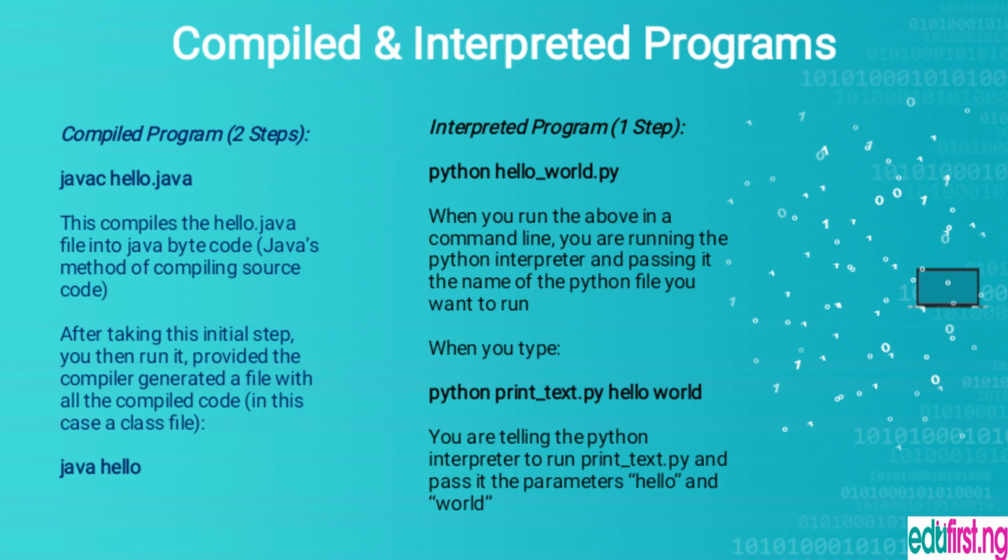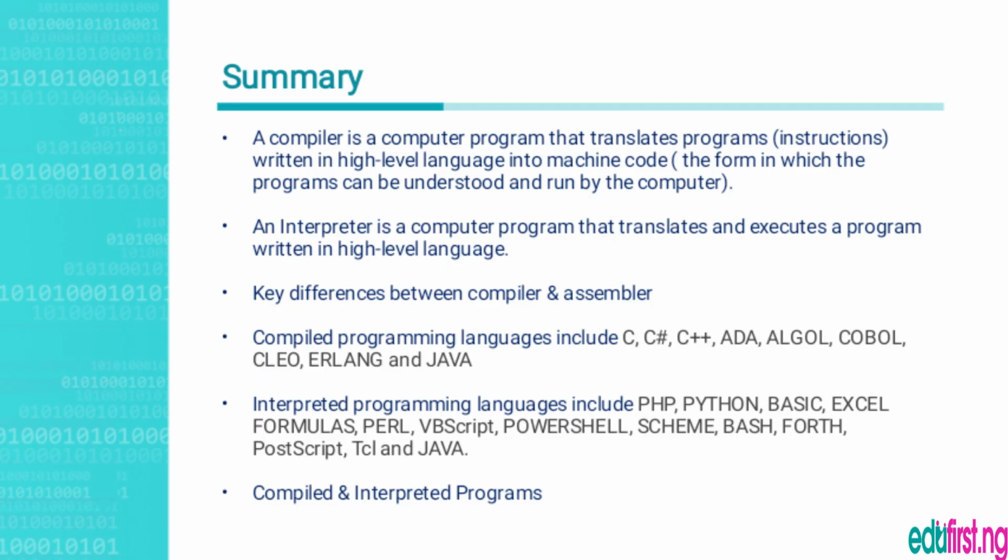These are examples of how compilers and interpreters work. At this point, I believe that we have gotten all the gist, and we can summarize what we have learned as follows. A compiler is a computer program that translates programs, instructions written in high-level language into machine code, the form in which the program can be understood and run by the computer. We also discussed that an interpreter is a computer program that translates and executes a program written in high-level languages.